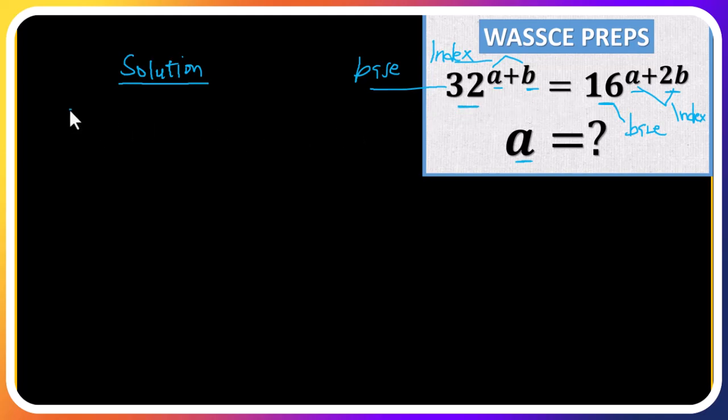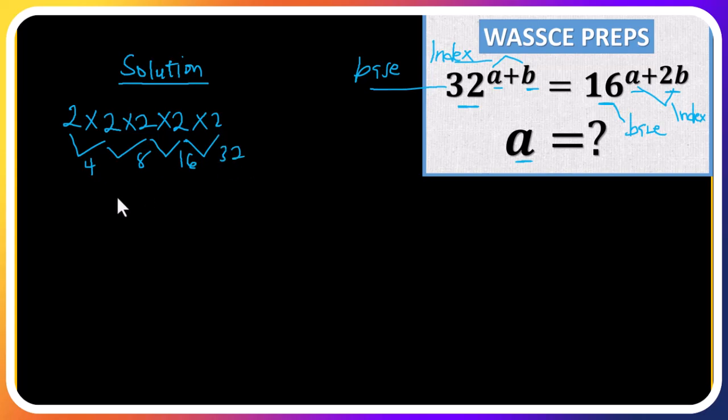Let's start. 2 by 2 we have 4. 4 by 2, 8. 8 by 2, 16. 16 by 2, 32. So 2 repeating itself 5 times gives us 32.